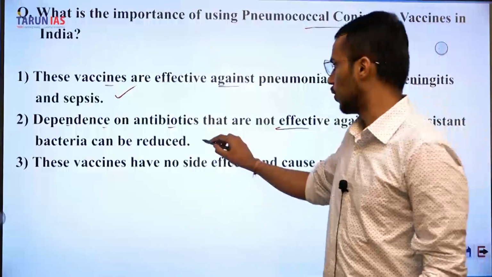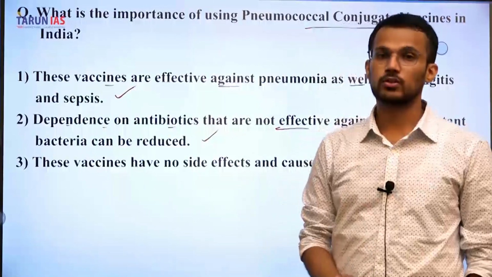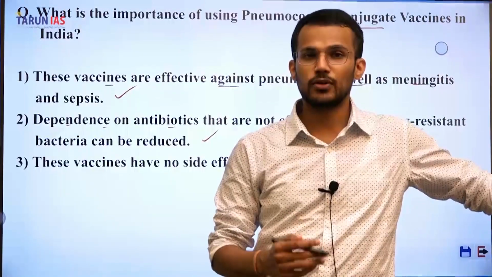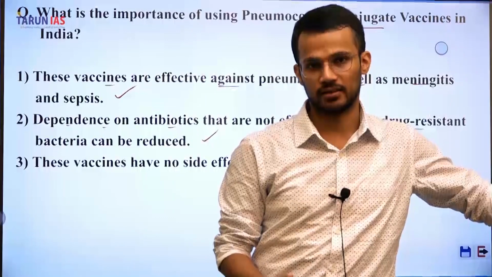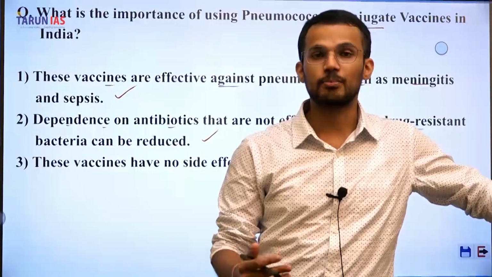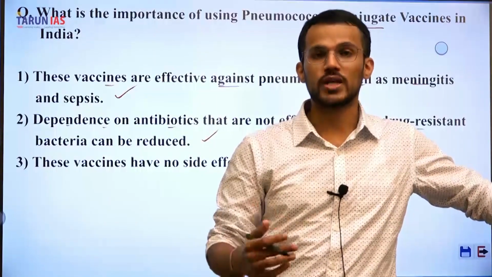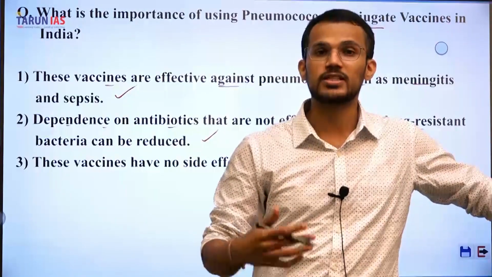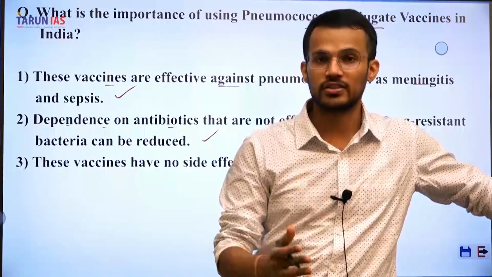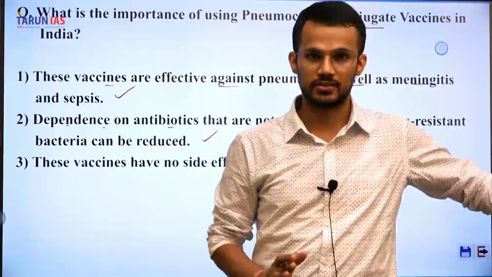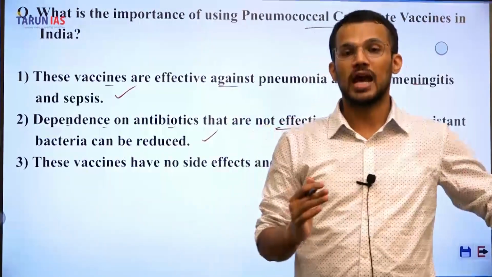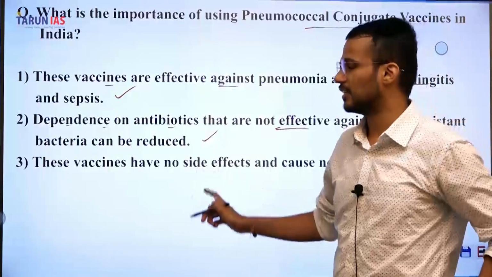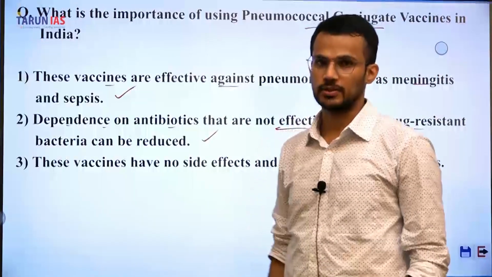Yes, this is also true with respect to pneumococcal conjugate vaccine, because if we are using the vaccine, then our dependency on those antibiotics for which the pathogens have started showing resistance will decrease. Our dependence on those antibiotics will decrease, and hence the second statement is also correct.